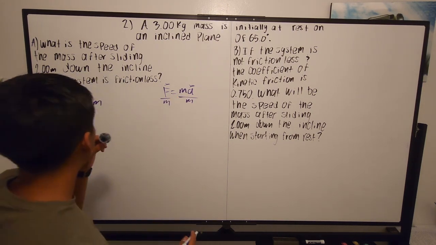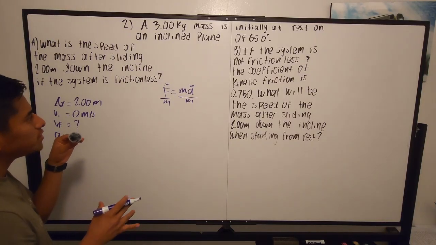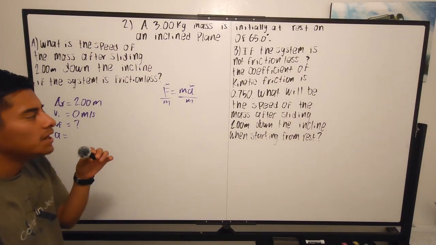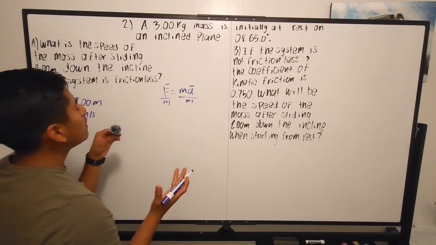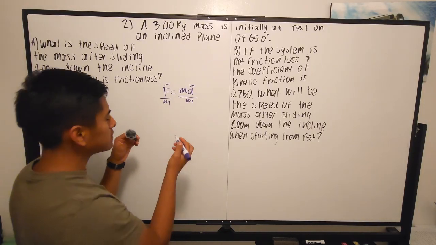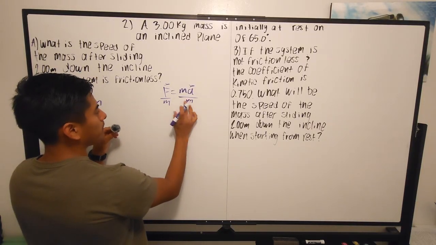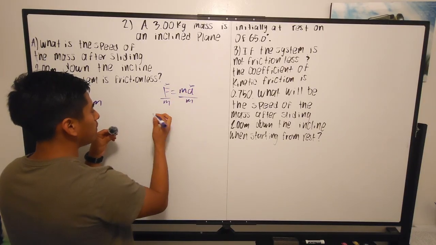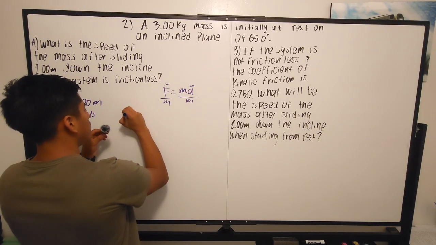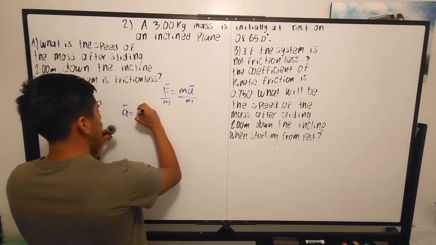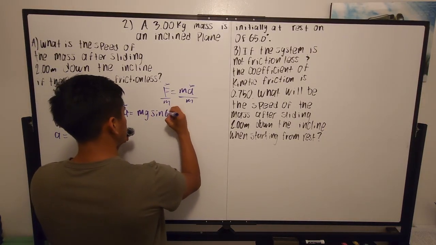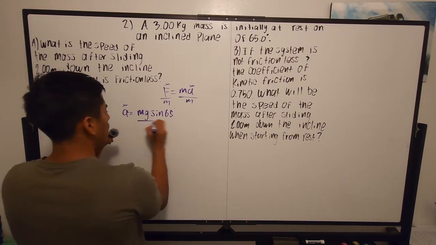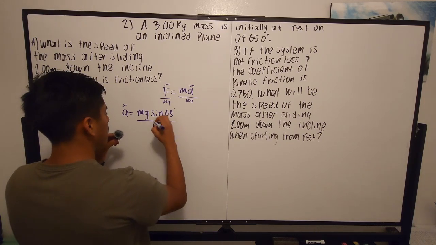The force of gravity on this object while it's on this incline is going to be mg sine of theta, which is 65 degrees. So rewriting this, the acceleration is equal to mg sine of 65 degrees all over the mass.